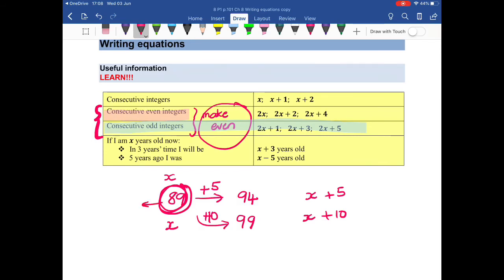So in other words, I must go back, I would be 87. So I'm 89, which is going to be my x. I'm going to minus the 2, and it will give me 87. So that is how I work with age questions, these ones here.